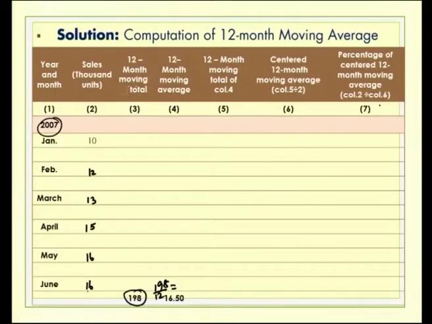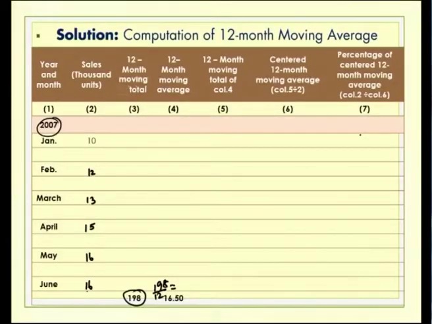Then, how to obtain the percentage of the centered 12-month moving average? The percentage of the centered 12-month moving average is obtained as column 2 divided by column 6. The centered 12-month moving averages represent the seasonal index along with the irregular variations. So, when you take the percentage, you are eliminating the irregular variations also, so this value will be only seasonal variations.